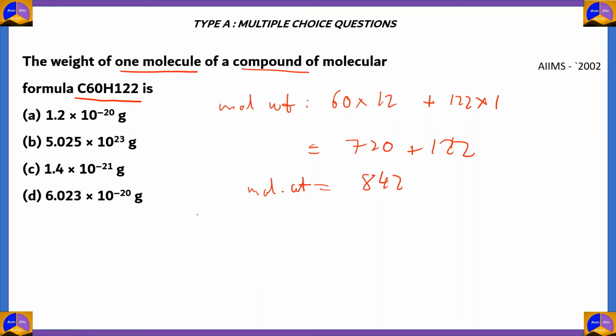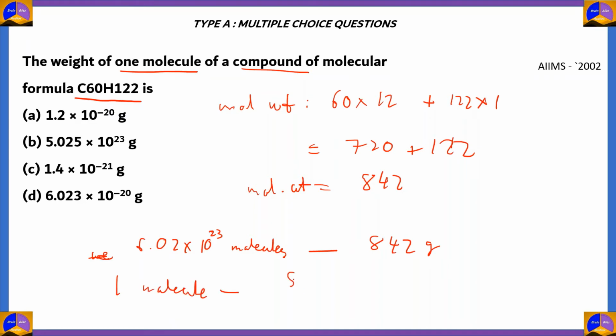Now what we need to do is we need to find the weight of one molecule. So 6.02 times 10 raised to 23 molecules weigh 842 grams. So one molecule would weigh 842 divided by 6.02 into 10 raised to 23 grams.